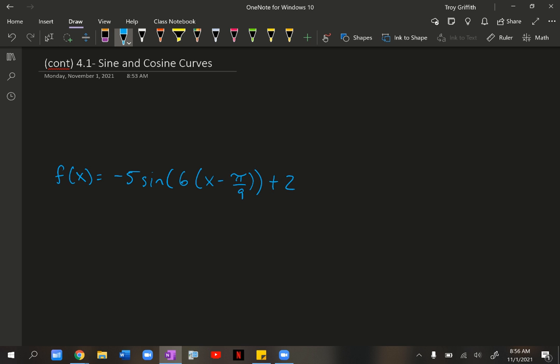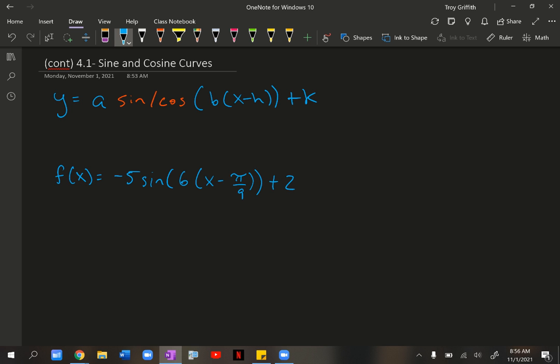So, if you'll recall from class, here are the standard forms for all sine and cosine curves: y = a times the sine or the cosine of b times (x minus h), plus k.